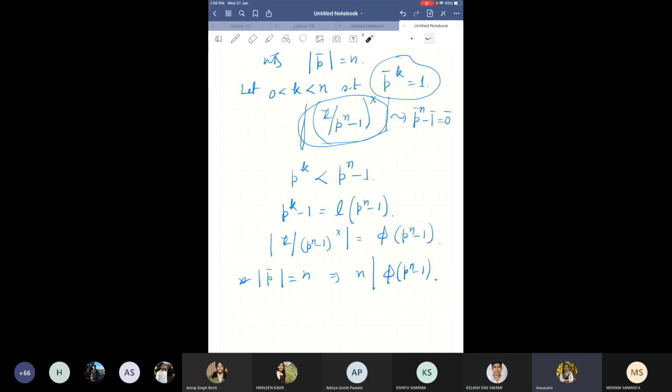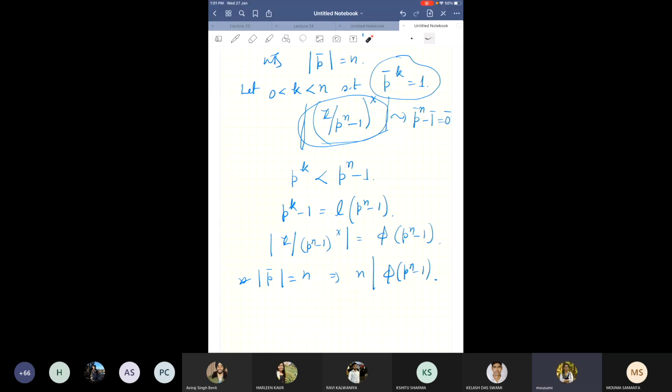Okay. So what I have said is, suppose n is not the order. That means there exists some integer k less than n such that p bar to the power k is equal to 1, which would be the order. But p bar to the power k equal to 1 bar is happening in congruence modulo p to the power n minus 1.